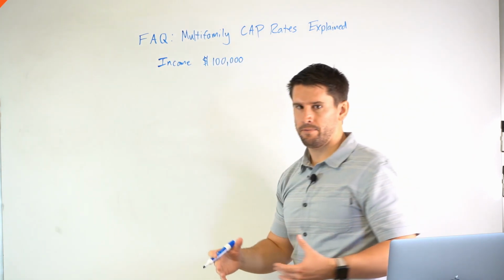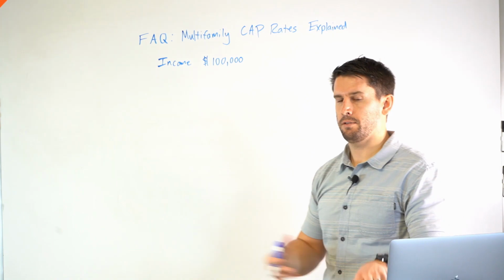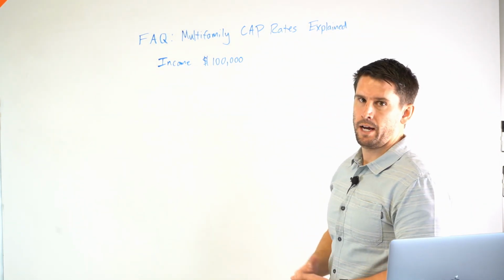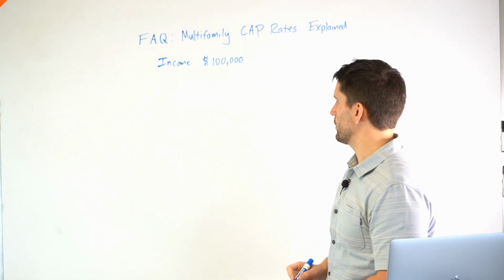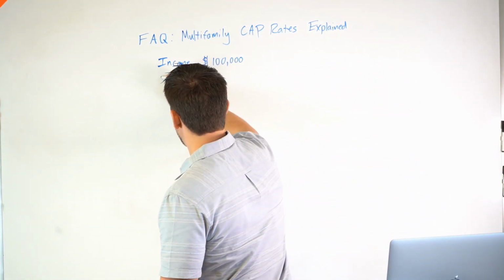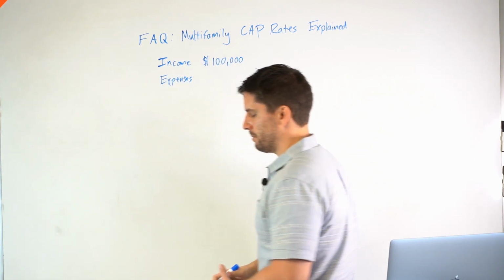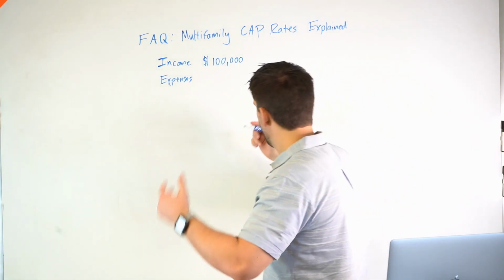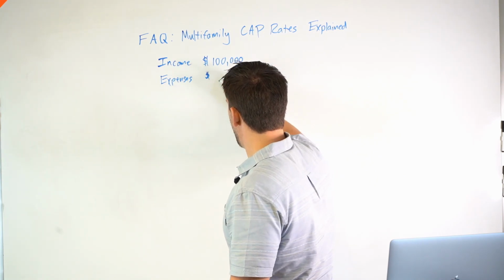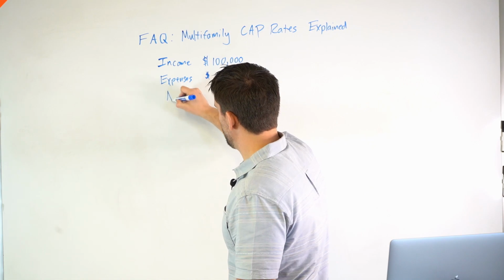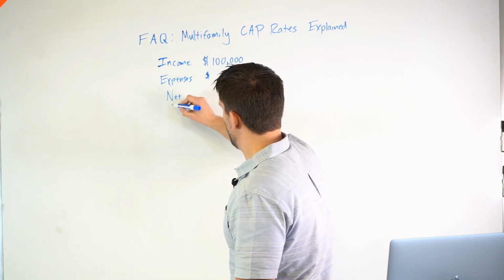That's rent, late fees, pet fees, security deposits taken back, screening fees, laundromat fees, just all these things. Then you have expenses on the property: management fees, taxes, insurance, turnover costs, repairs. Let's just say $50,000.